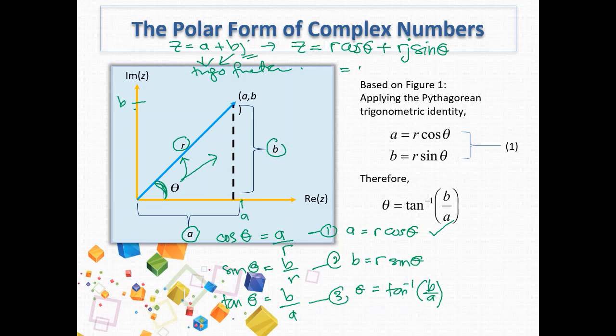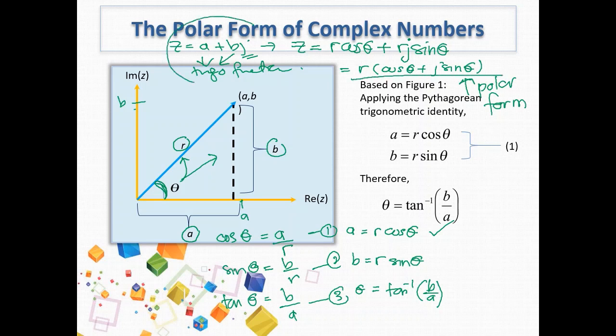Then we factorize r. We get r, cos theta plus j sine theta. Alright, so this is called polar form. Polar form is trigonometry function. So the whole thing here is called polar form.